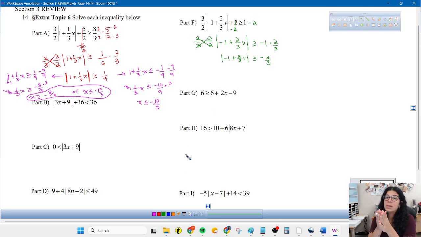Now, the absolute value is going to be greater than or equal to, but any number that I put in here is going to fall into being greater than or equal to the negative 2/3. Because no matter what number I put in here, when I take the absolute value, it's going to end up being a positive. And a positive will always be greater than or equal to that negative. So this is actually all real numbers.